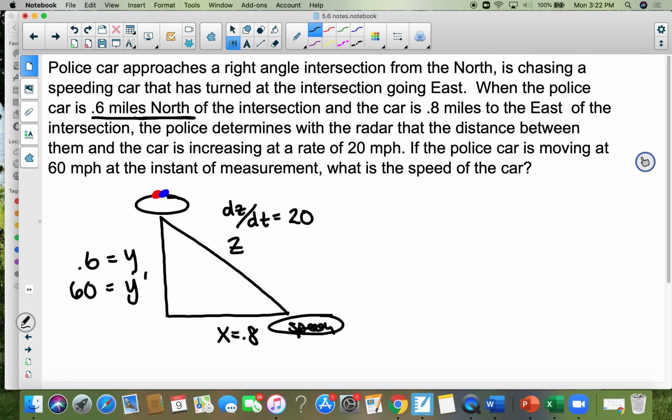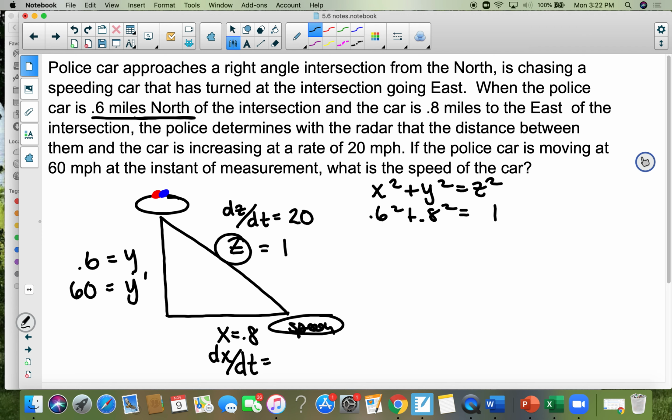What is the speed of the car? We're trying to find dx dt. They don't give us z, but we can use the Pythagorean theorem, a squared plus b squared equals c squared. So x squared plus y squared equals z squared gives 0.6 squared plus 0.8 squared, and I got 1 for my z.